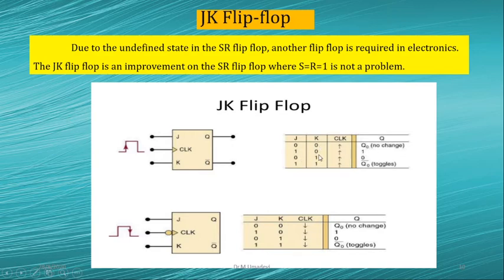When J = 1, K = 0, the output is 1. So that is the set condition. Then when J = 0 and K = 1, the output will be 0. That will be the reset condition. When J = 1, K = 1, when the clock is raised, it is in toggle condition, that is Q naught bar.